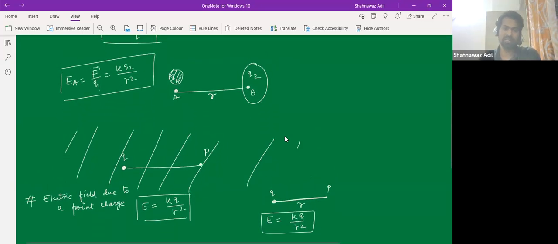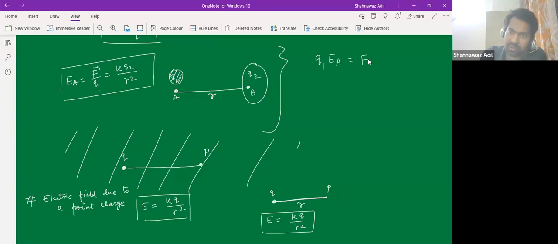So from, let's say, the electric field, if I want to calculate the Coulomb force, I just multiply the charge with this electric field, right? If I multiply Q1 with E, then I will get the Coulomb force, which would be kQ1Q2 by r squared.